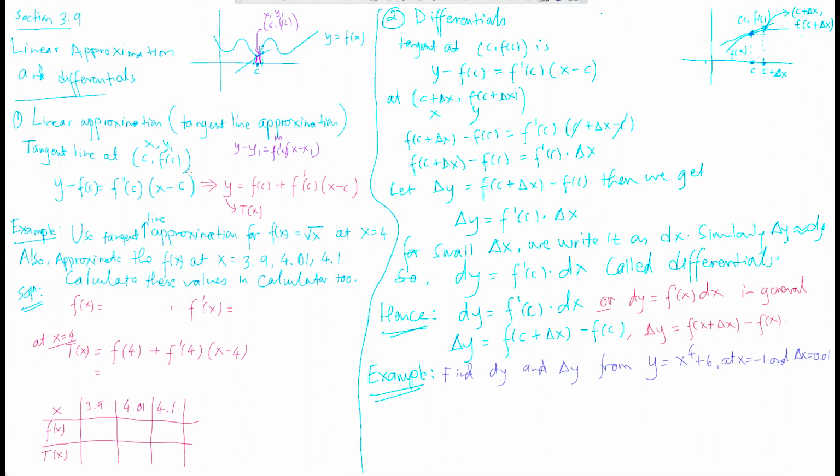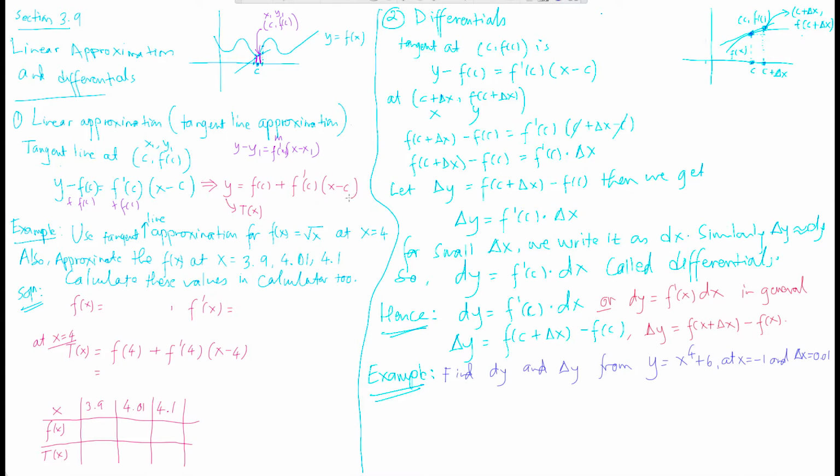You guys know this. Now if you plug in that x1 is c and y1 is f(c), you'll get y minus f(c) equals f prime of c, which is the slope, times x minus c. And if you solve for y, you add f(c) on both sides, right? So this is what you get: y equals f(c) plus f prime of c times (x minus c).